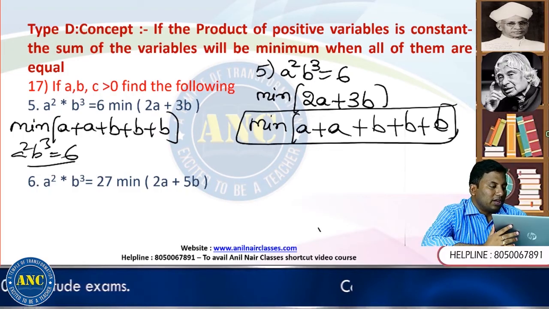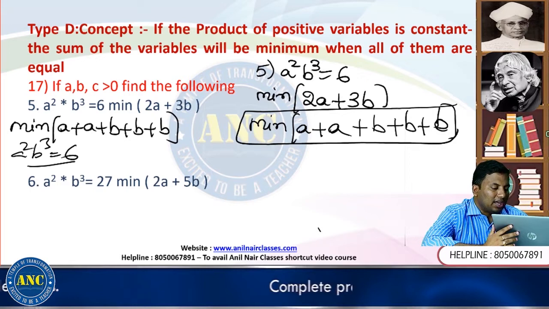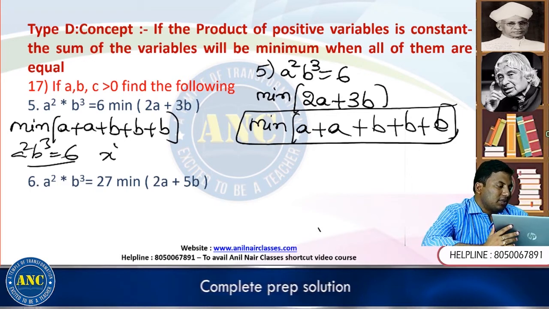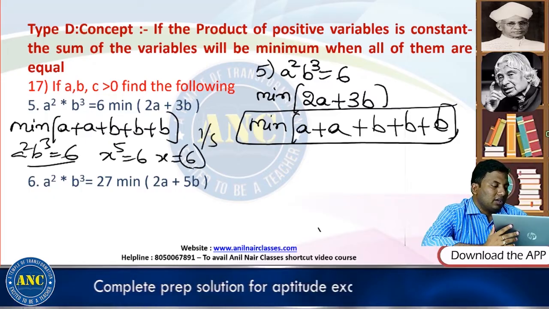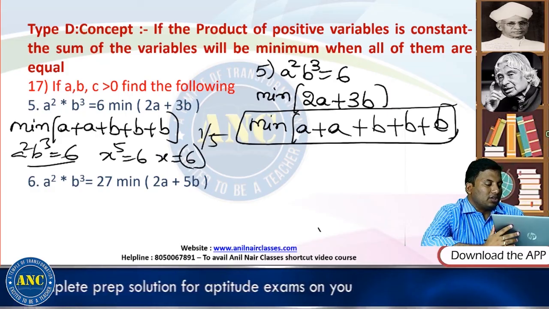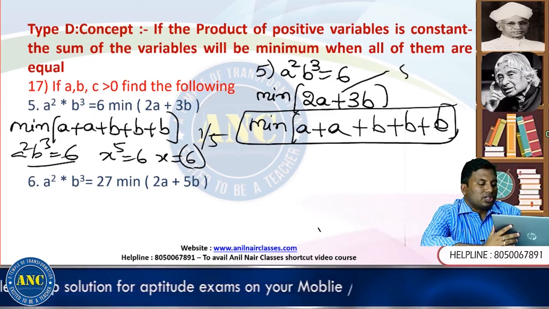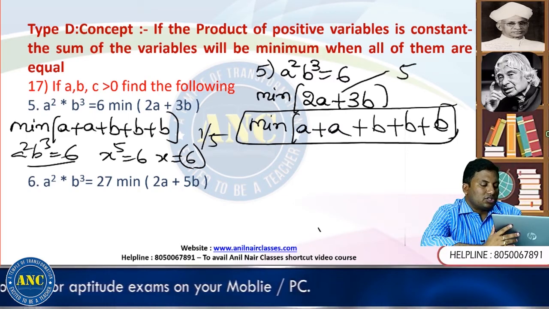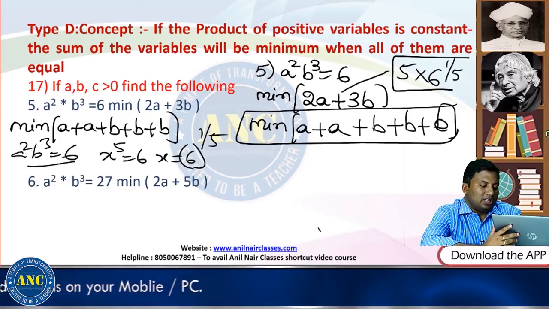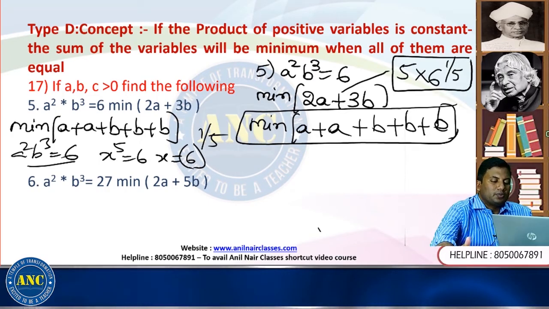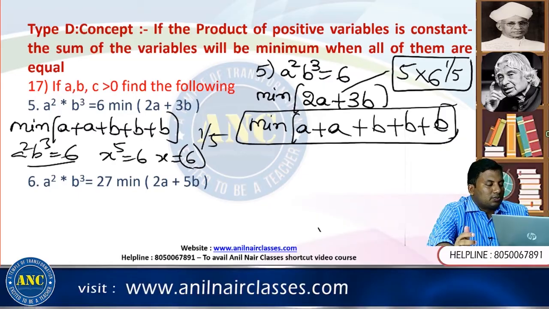So each will become, how much? All are equal. All are equal means x power 5 equals 6. X is 6 power 1 by 5. X is A or B. So the answer is 2 into 6 power 1 by 5 plus 3 into 6 power 1 by 5, which is 5 into 6 power 1 by 5. This is the answer.